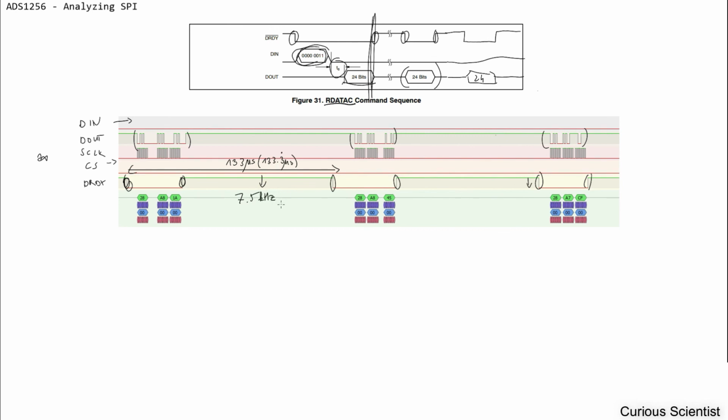And I set the sampling rate to this, so in this case the timing is actually perfect. So it seems that in the previous part I messed up the timing with either sending and receiving the data or something else, because here if you let the device do everything by itself, which in this case means that after there is data ready, the data will be available on the D out for shifting it out, then in sort of automatic mode the device works well.